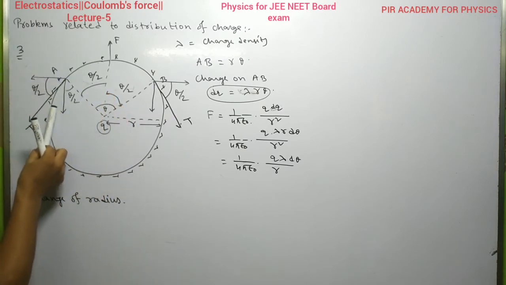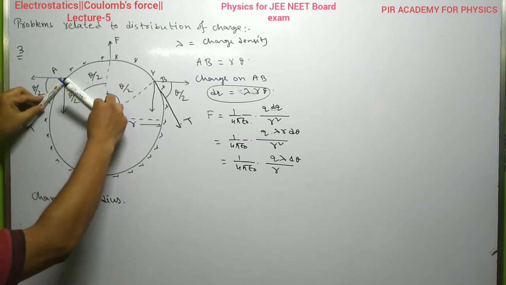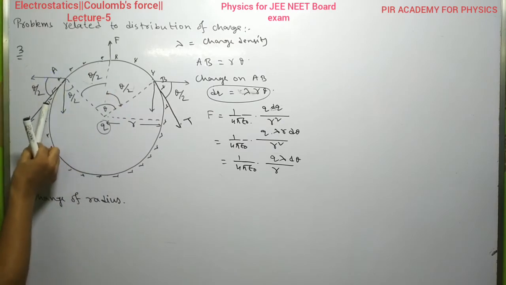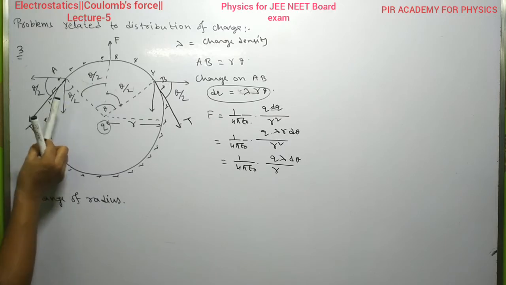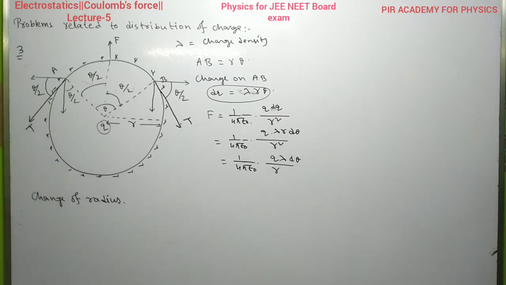So this is common. Here you see that this angle is 90 degree and this angle is 90 degree. So both are 90 degree, and this angle is common. So this angle and this angle will be equal.